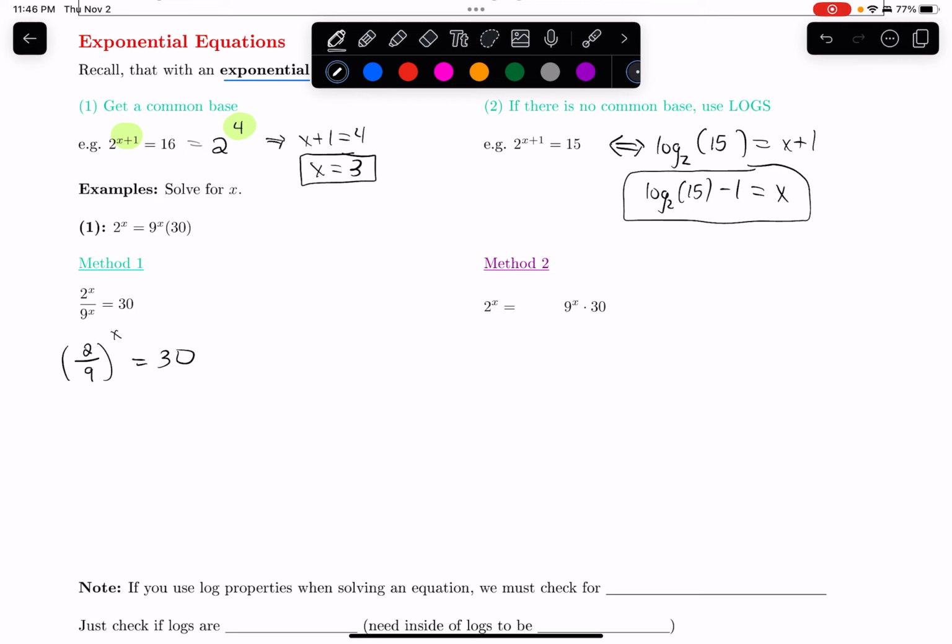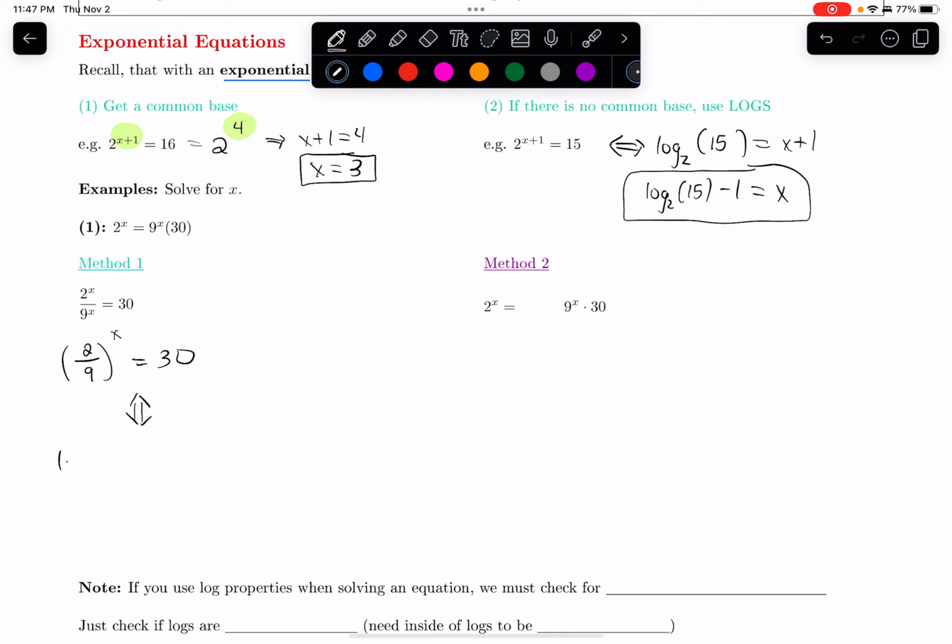Now I just have one exponential term, and it's isolated. If I look at my 2 over 9 and the 30, they don't have a nice common base, so I'm going to use logs. Let's transform this to log form. The double-sided arrow just means I'm about to rewrite it in an equivalent way.